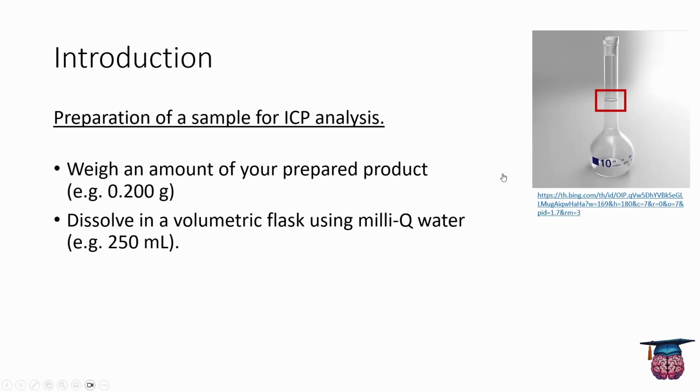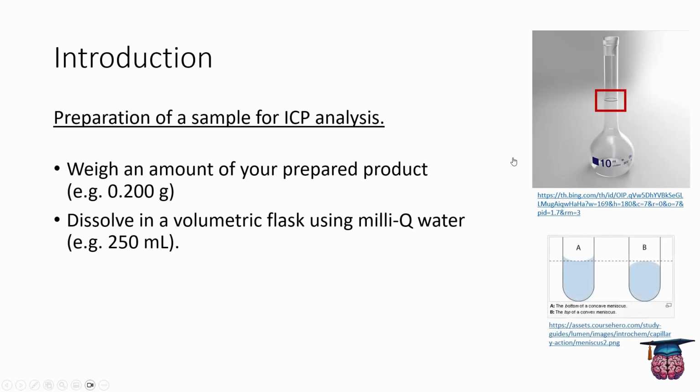Now, it's very important that we use our meniscus as a guide. Depending on what type of fluid and what type of material we have, the meniscus can have a curvature such as in A, where the curvature is below, and B, where the curvature is above.